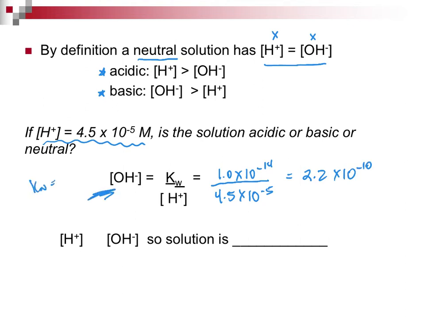Well, Kw is H plus times OH minus. All I did was rearrange it for the OH minus. Again, algebra, that's all that this is. So if I look at this, I have an H plus of 10 to the minus 5 molar. I have an OH minus of 10 to the minus 10 molar. Definitely H plus is greater, so the solution is acidic.